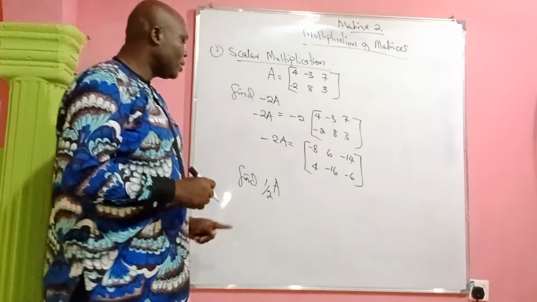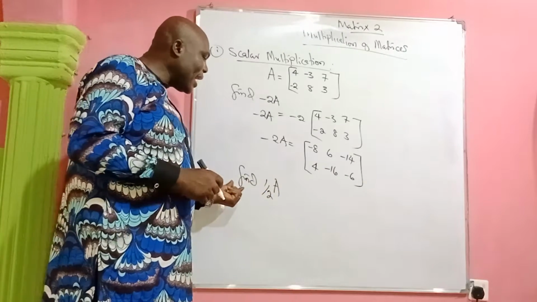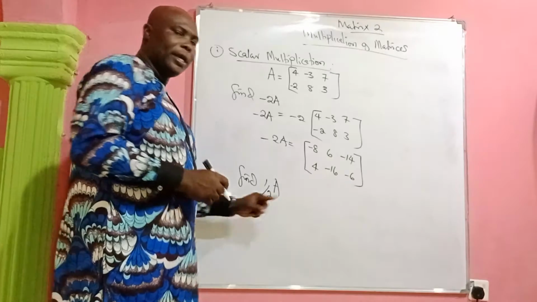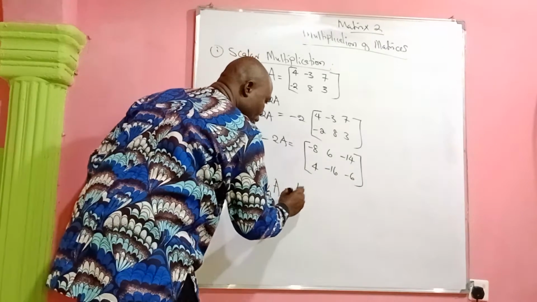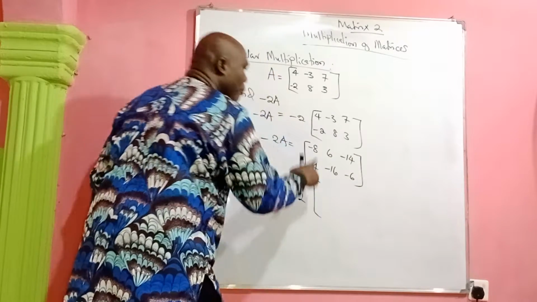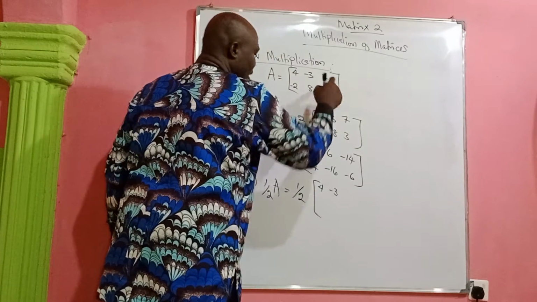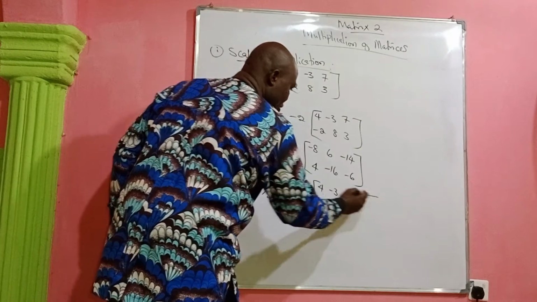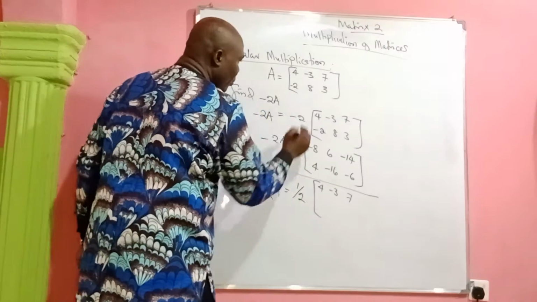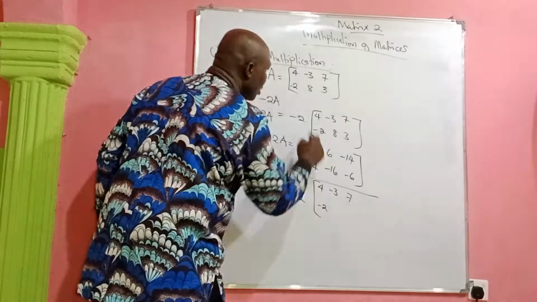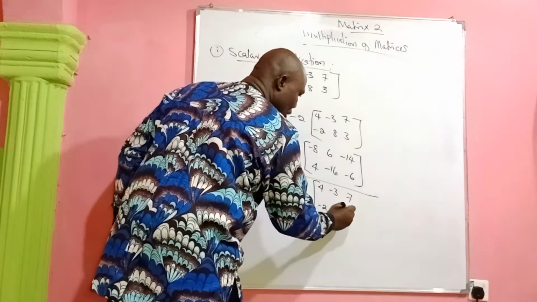This time around, they say we should find half A. The scalar now is half and the matrix is A. So our half A will be to take half and multiply by the matrix 4, minus 3, 7, minus 2, 8 and 3.